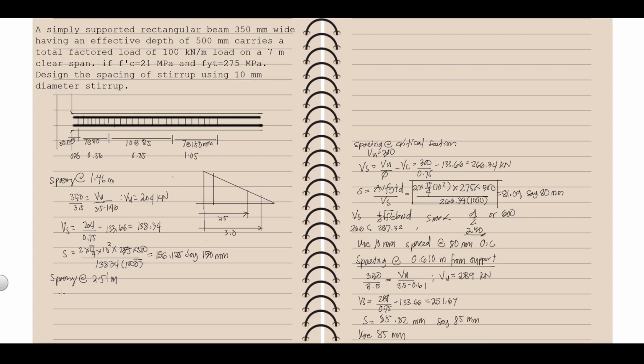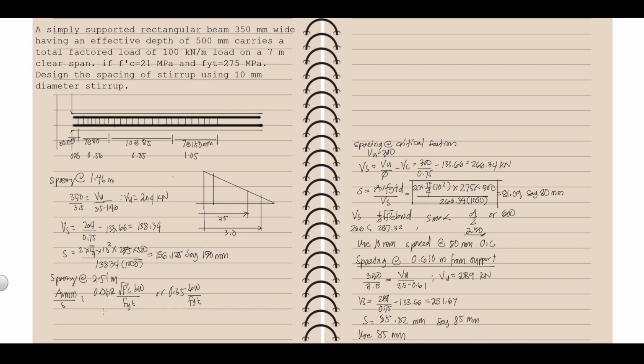So, that is, we have this AV min all over S. Tama? Is equal to, we have two values, 0.062 square root of F prime C, BW over FYT, or meron din tayong 0.35 BW all over FYT.